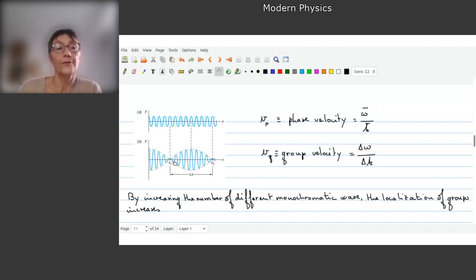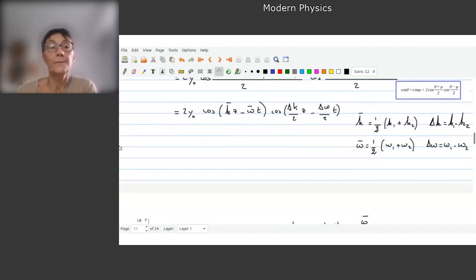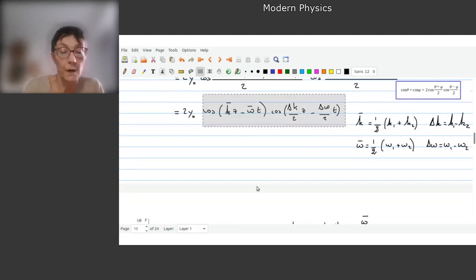And so you observe this envelope, with a higher frequency inside. You have the product of two cosine functions here, and this is what is important.